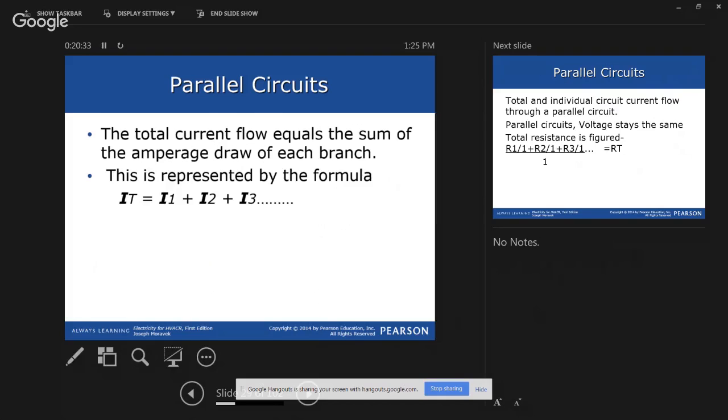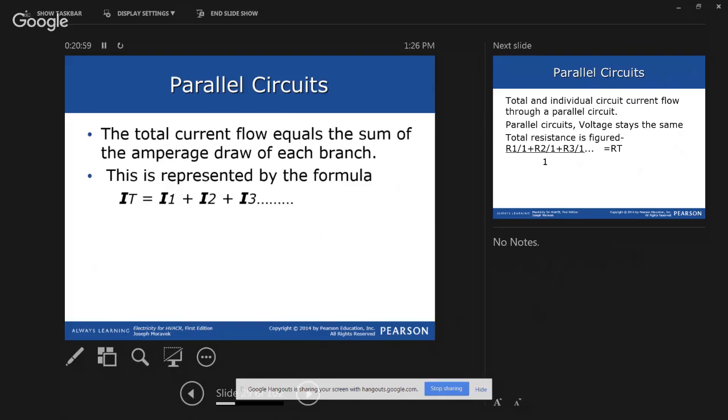This is the opposite of voltage in a series circuit. Voltage drop total would be the voltage drop across resistor 1, 2, and 3, which should equal our total voltage.